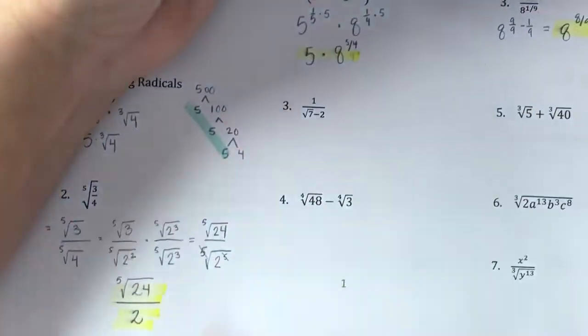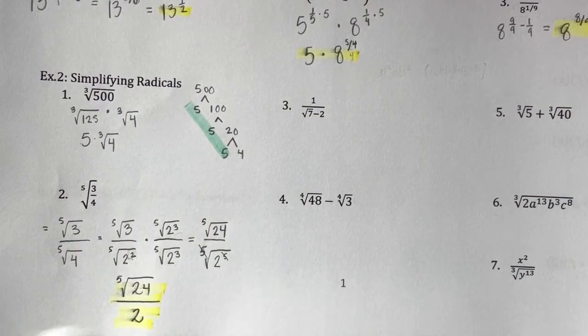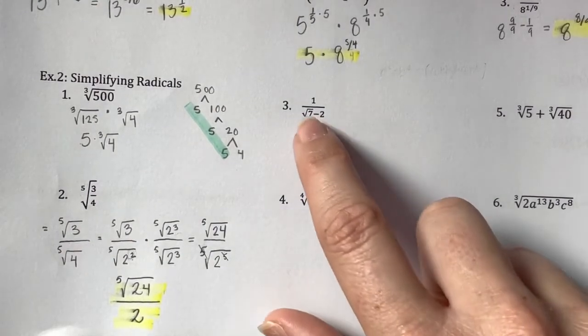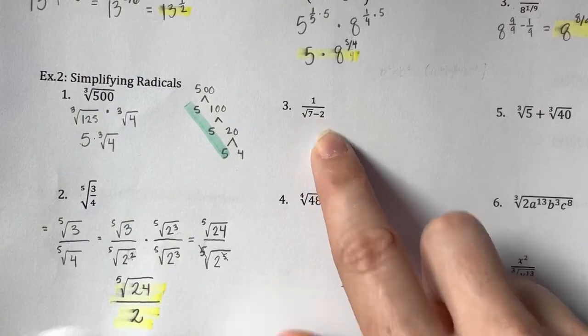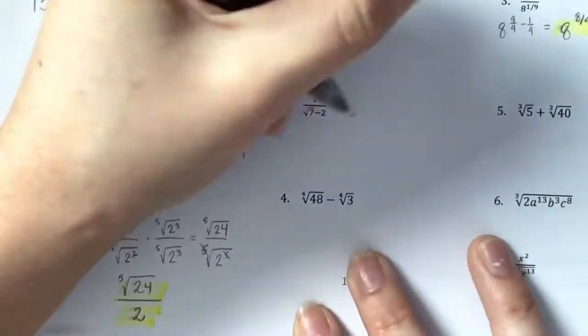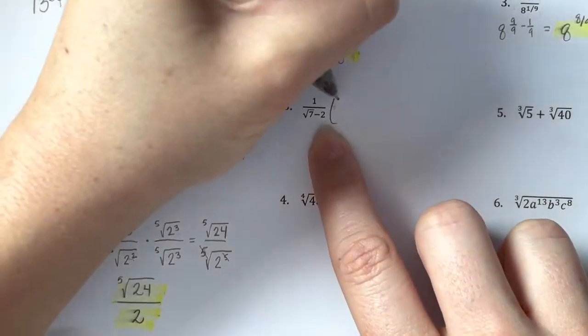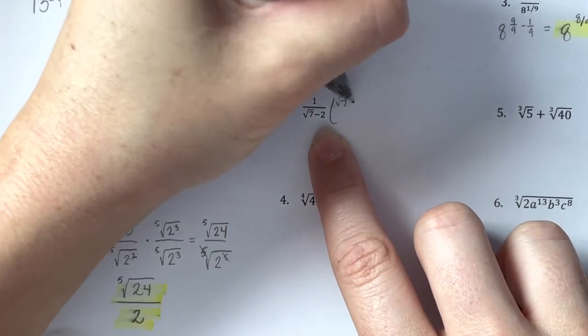So if you have 2 terms in the denominator and one is a radical, you have to multiply numerator and denominator by the same numbers, but you're going to flip the sign. So we're going to multiply numerator and denominator by root 7 plus 2 instead of root 7 minus 2.